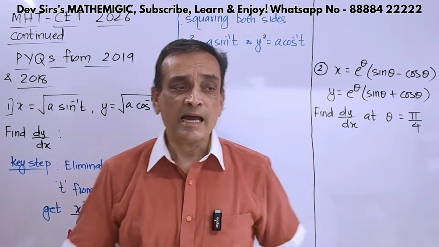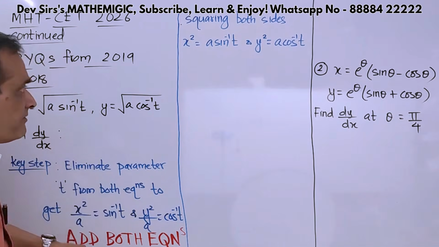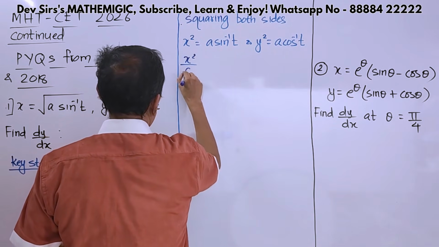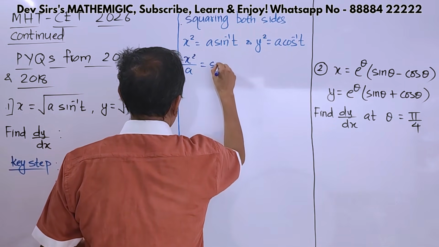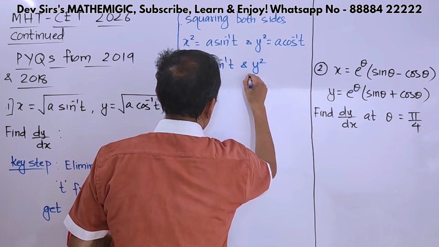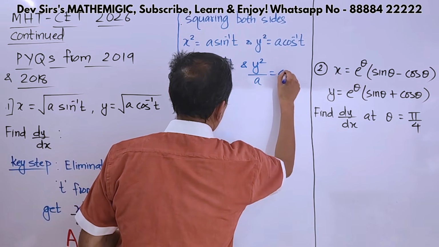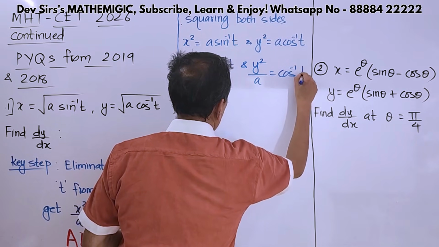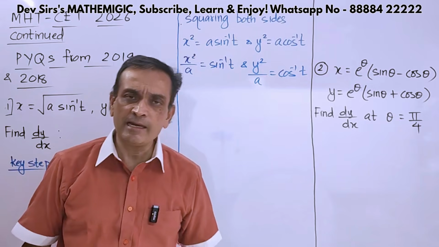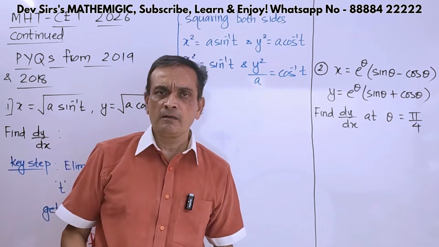Then, as I said, I am planning for these equations now. x squared upon a. Once you get used to these techniques, somehow eliminate t.